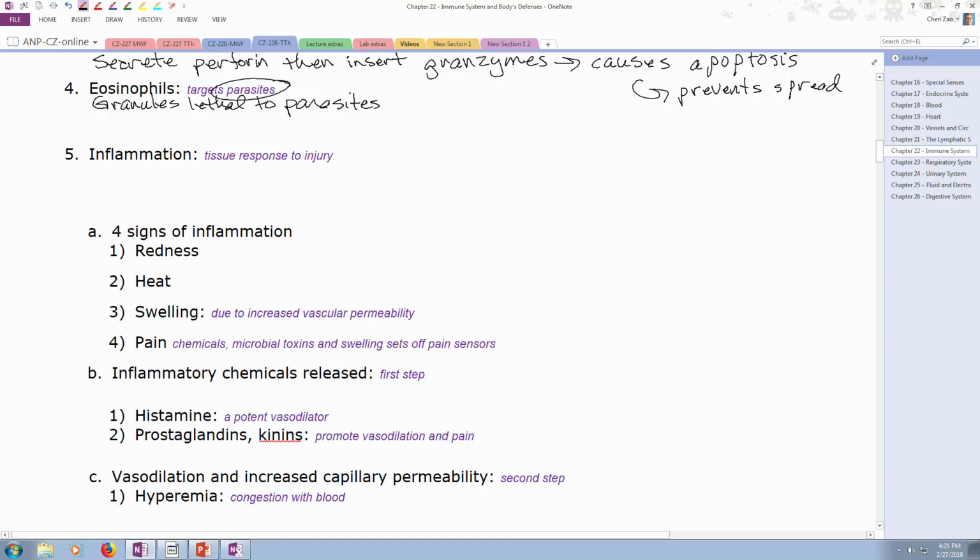They degranulate onto the parasite. Now you have to understand, if they're degranulating onto the parasite, enzymes are going into the environment in which the parasite is, and so there's going to be a definite inflammatory process to that.